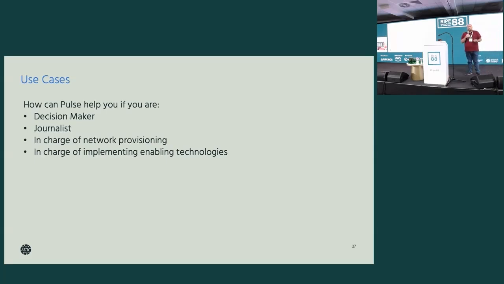They can easily compare situations between different countries, and they can easily see which areas need more focus or more work. Journalists can do something similar, perhaps also focus on the internet shutdowns and try to convince decision makers that it is not effective in most cases.